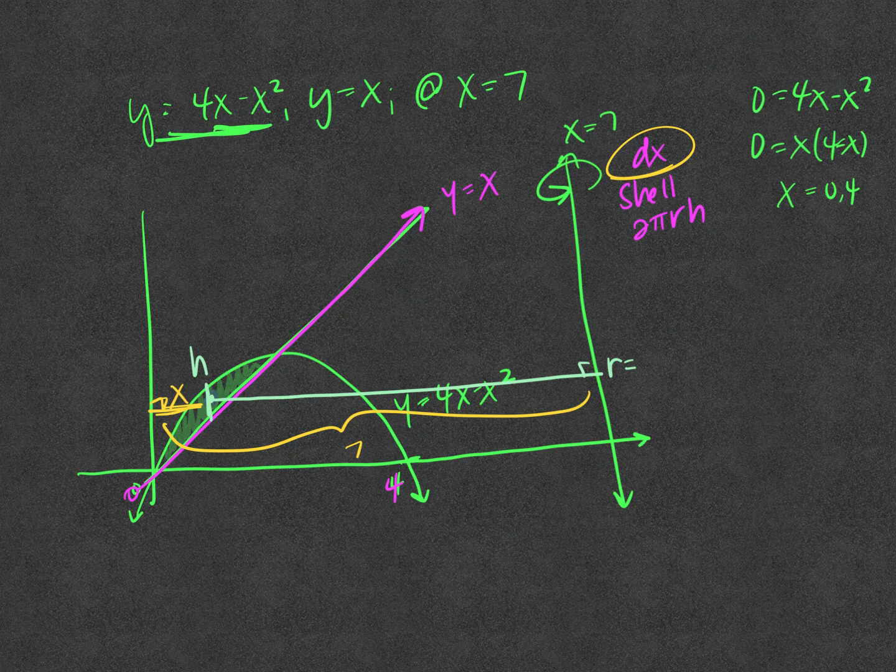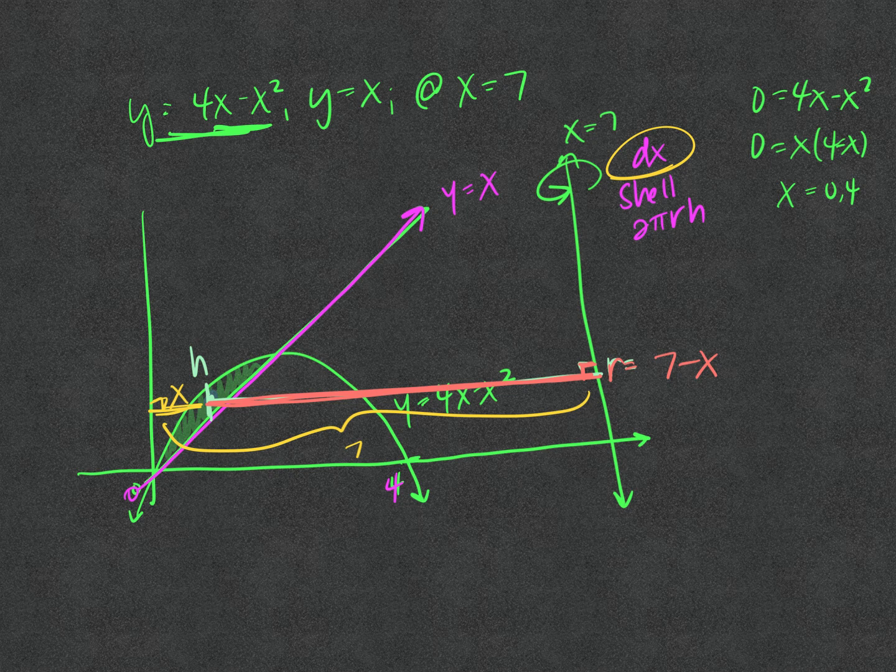So we want to subtract that part out because we want to keep this red radius. Do you see this red radius right here? So that radius becomes 7 minus x. It's the whole length, and we're subtracting out that little x on the far left.